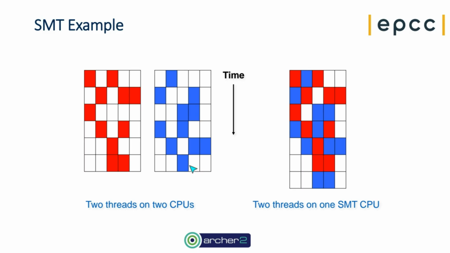So if, instead of running those on two different cores, we combine those two threads and run them on the same core, and allow the instructions from the blue and the red thread to be mixed, then we could get through those sequences of instructions and fill more of the instruction slots, and the processor will be more efficient.